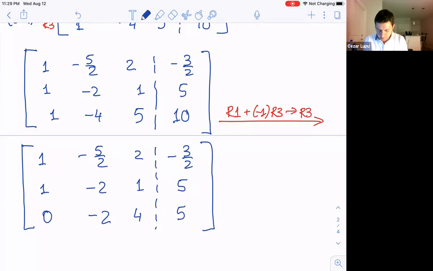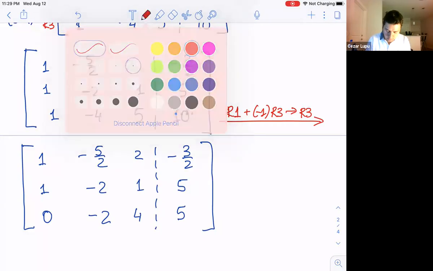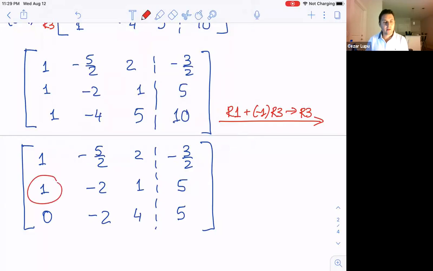Okay, so I have a 0 downstairs on the third row, but it bothers me that I have a 1 here. This guy here is a 1. So it kind of bothers me. I want to make it into a 0. So let's do that.